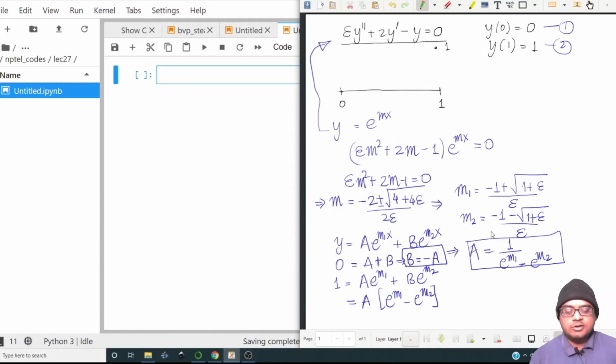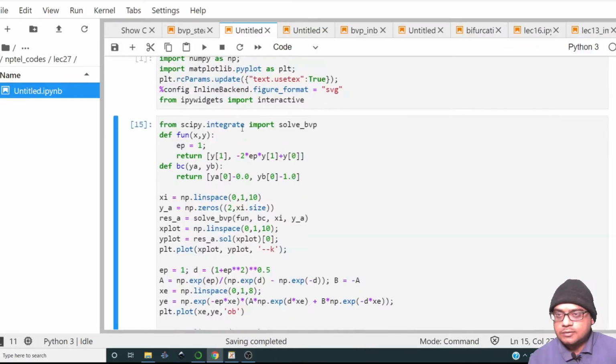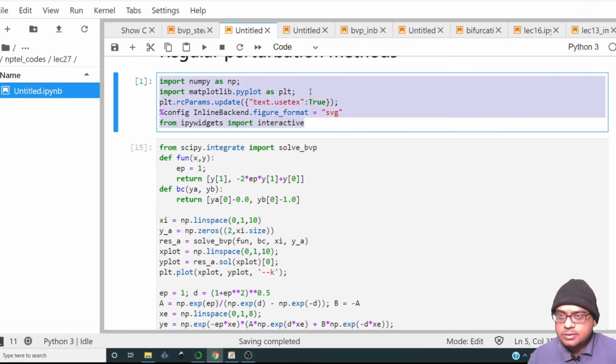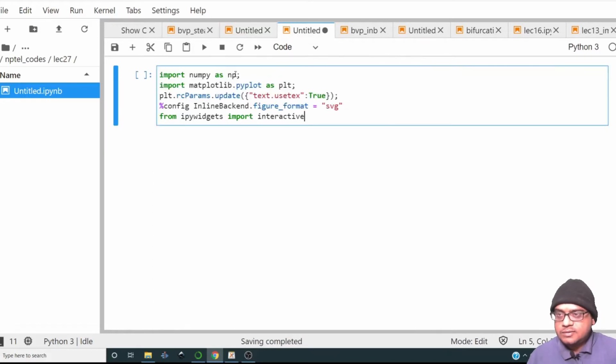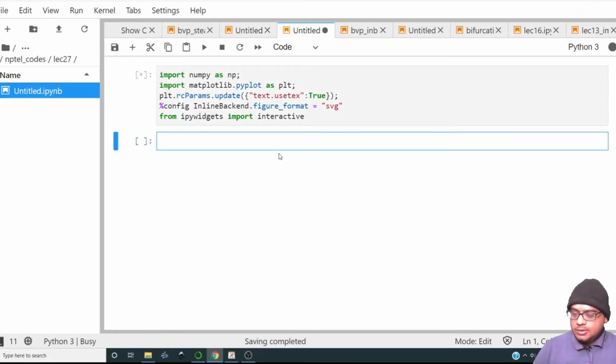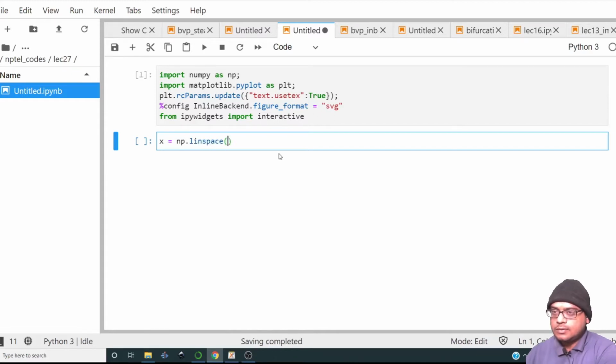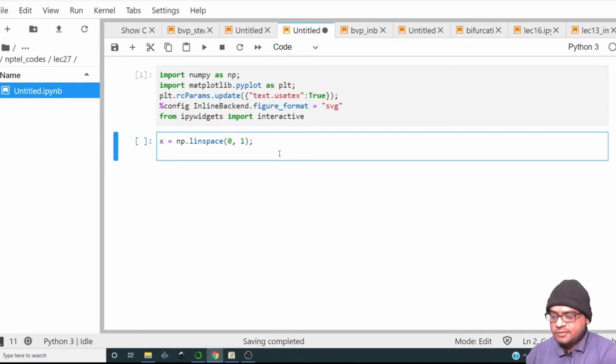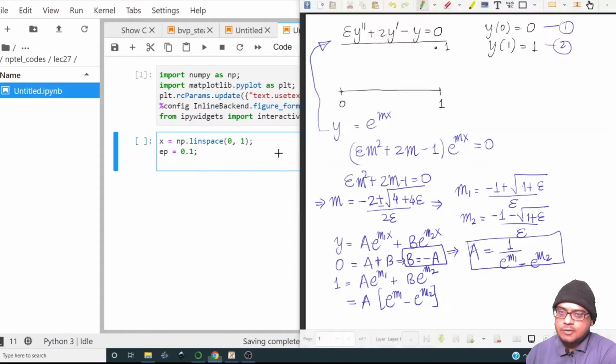So now with the help of this we can go ahead and make a plot of this function. So let me just grab the starting code. Let me define x. Then let me define epsilon as 0.1. What else do we need?